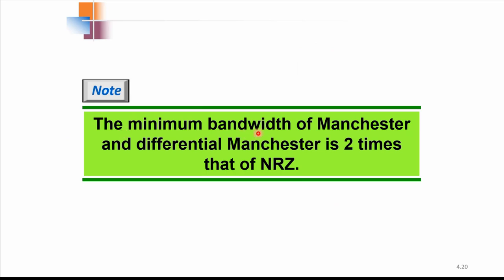The next is the minimum bandwidth of the Manchester and differential Manchester is 2 times that of the NRZ. The signal rate is basically N by 2 in case of the NRZ scheme, but here it is N in Manchester and differential Manchester. The bandwidth is directly proportional to the signal rate.